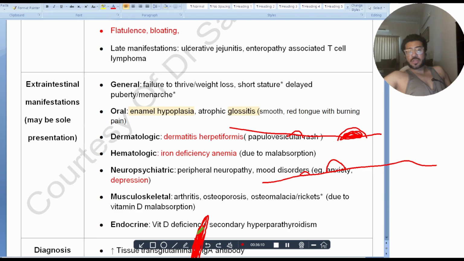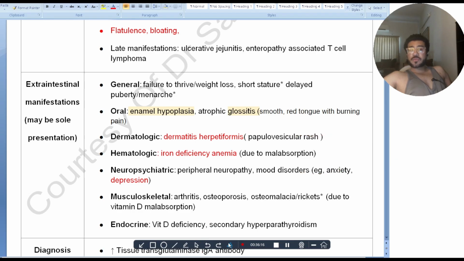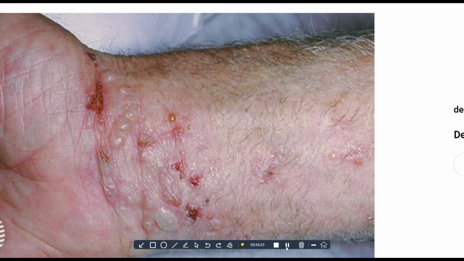So a patient with bloating, failure to thrive, flatulence upon eating, and also has a rash that looks something like this. The high yield area where you get dermatitis herpetiformis is on the extensor surfaces. So first, let's just see what they mean by papulovesicular rash.